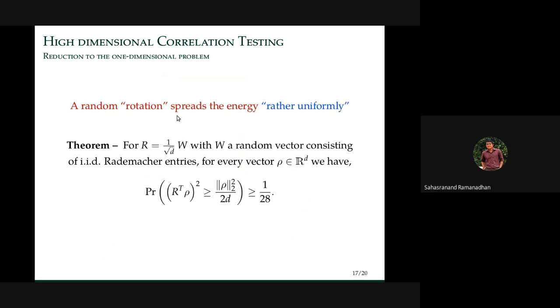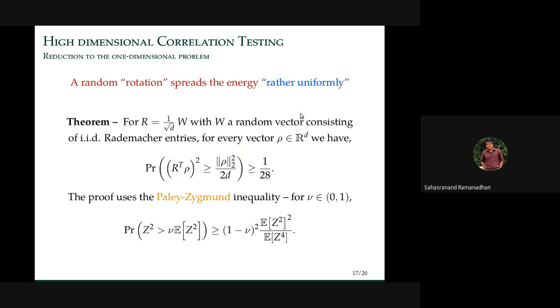So we formalize this using this theorem, where I have written it for a random vector because we are interested in the first coordinate. We say that the first coordinate after you apply this rotation will have some correlation which is a factor smaller than the original correlation, but this holds true with some probability, 1 by 28 in this case. We prove this using this inequality.